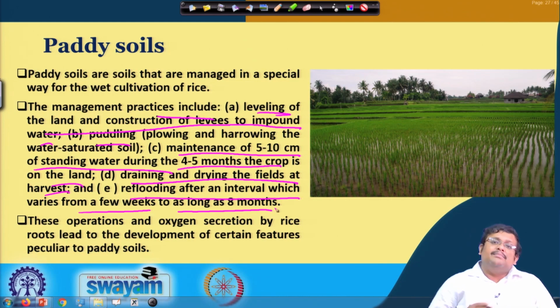So, these are the cultural practices which we generally do in case of paddy soils, creating an anaerobic or anoxic condition. Now, these operations and auxin's secretion by rice root led to the development of certain features peculiar to paddy soils or rice soils.